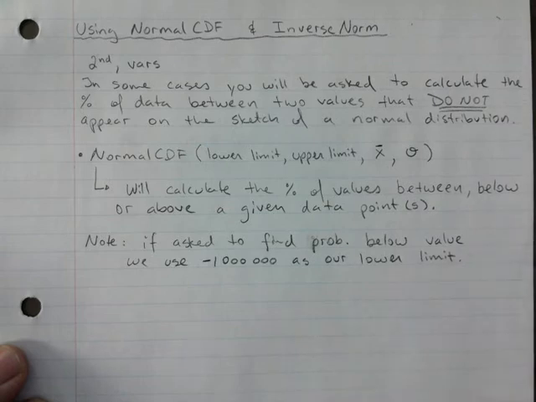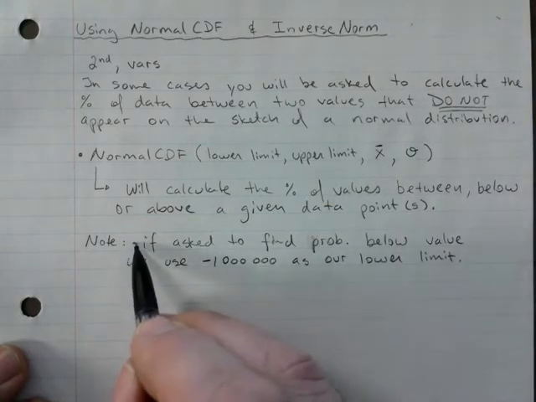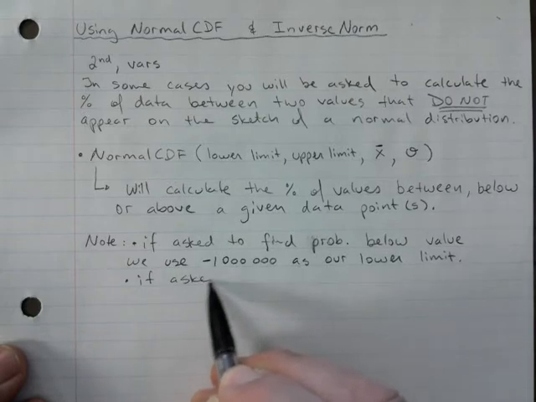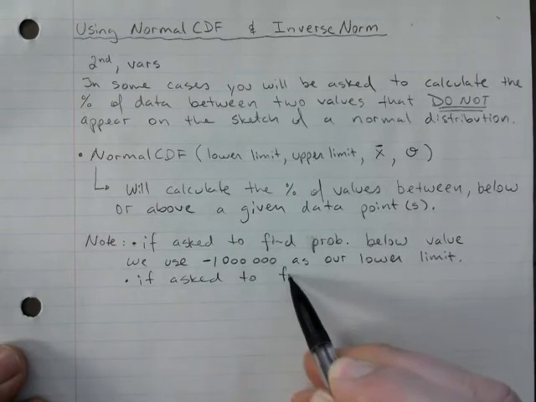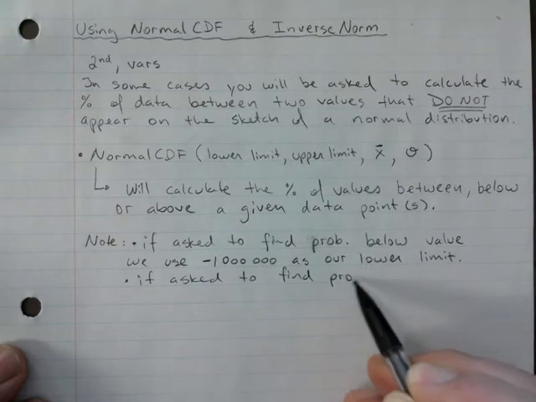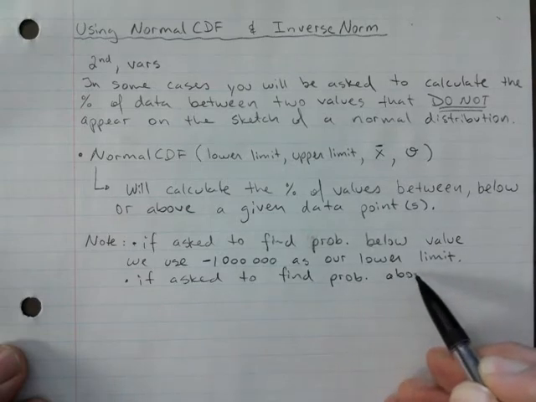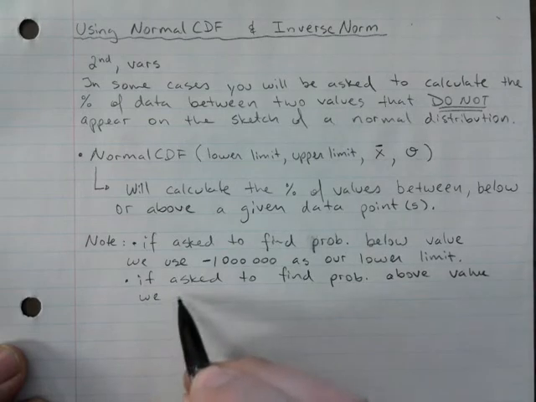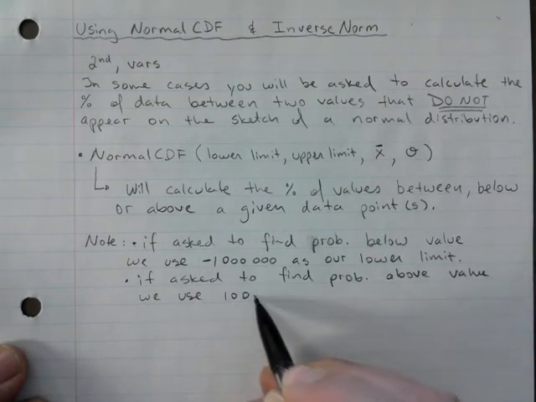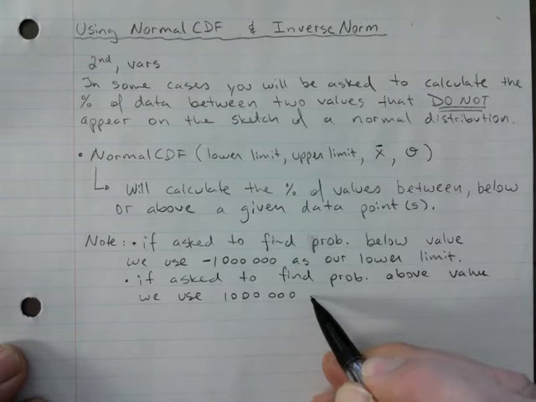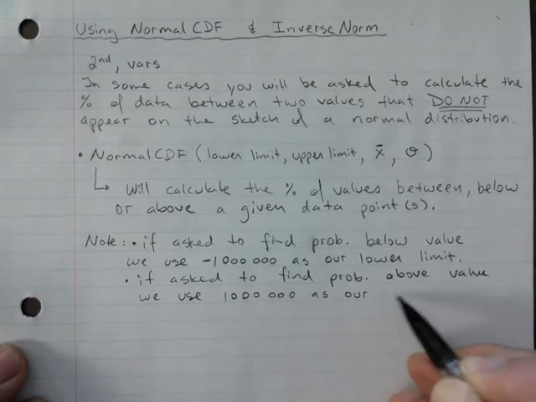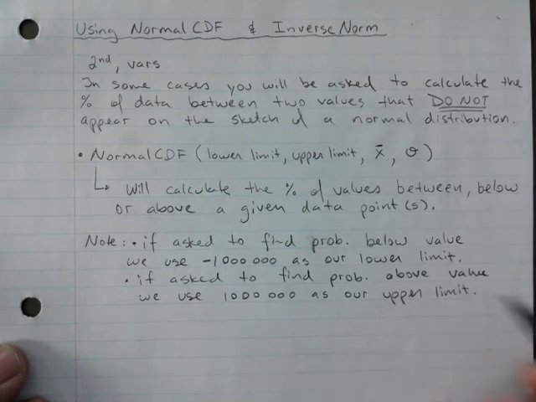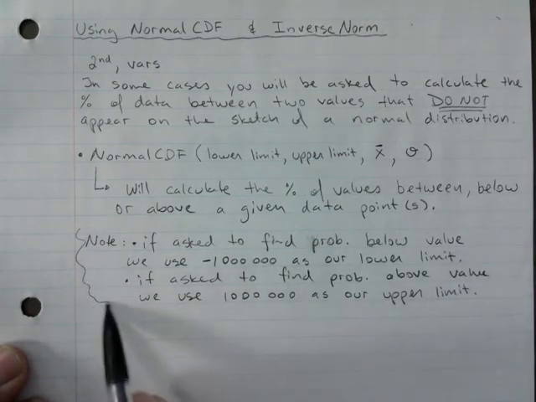And I'll explain that a little bit more later. So that was one case, and then if asked to find probability above value, we use 1 million positive as our upper limit. This is all in a cloud like this.